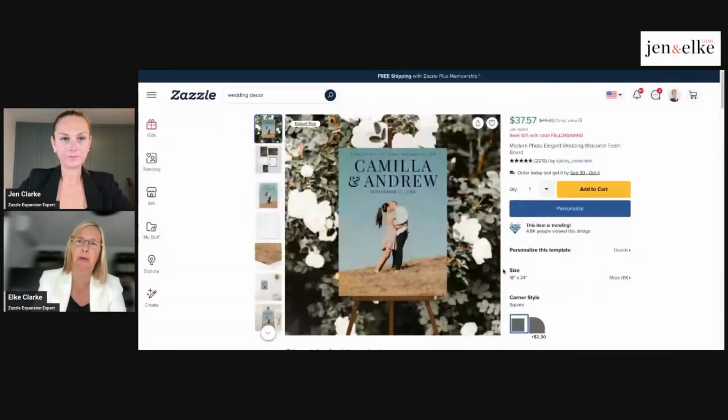But remember that the design itself can't clash with the background that you're using. One of the ladies that we recently helped had this really cool cowboy bridal shower design, and it was very rustic, with browns and florals, and she had baby pink rose petals in the background, and that just didn't match.